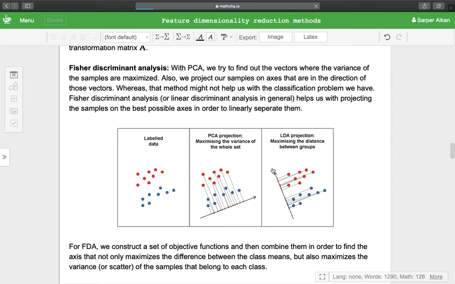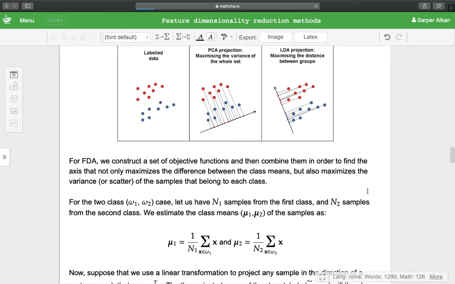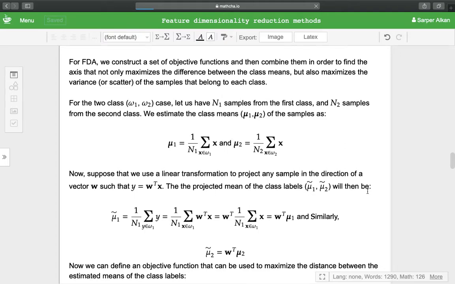So we can have this projection line, and we can easily separate the samples after projecting them on this line. For Fisher discriminant analysis, we construct a set of objective functions and then combine them in order to find the axis that not only maximizes the difference between the class means, but also maximizes the variance or scatter of the samples that belong to each class.